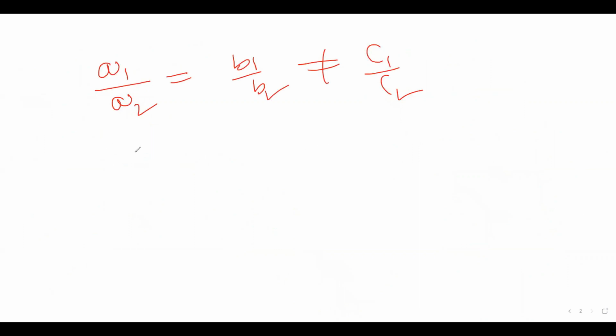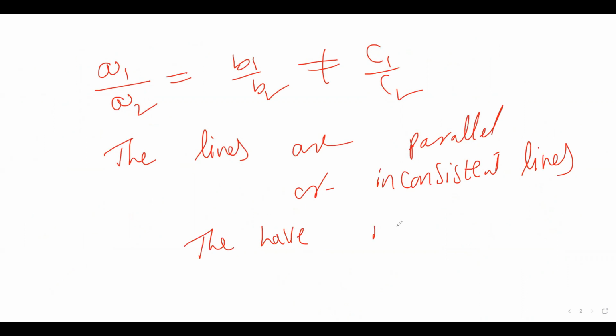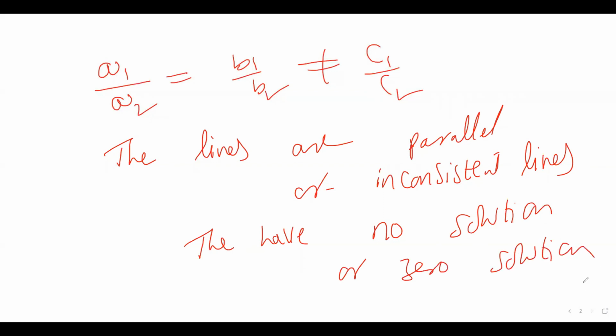So for this condition, we can say that the lines are parallel or inconsistent lines. So they have no solution, or zero solution. The number of solutions is equal to 0. Write down here 0 solutions. That's it. Hope you understood this.